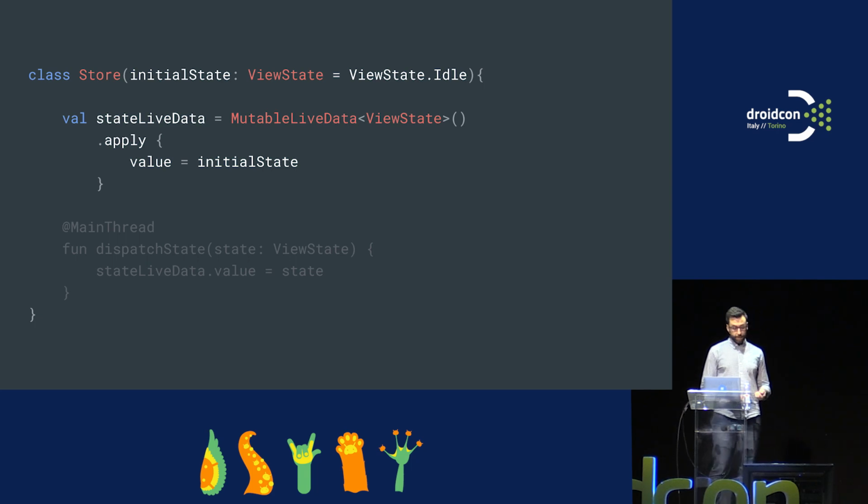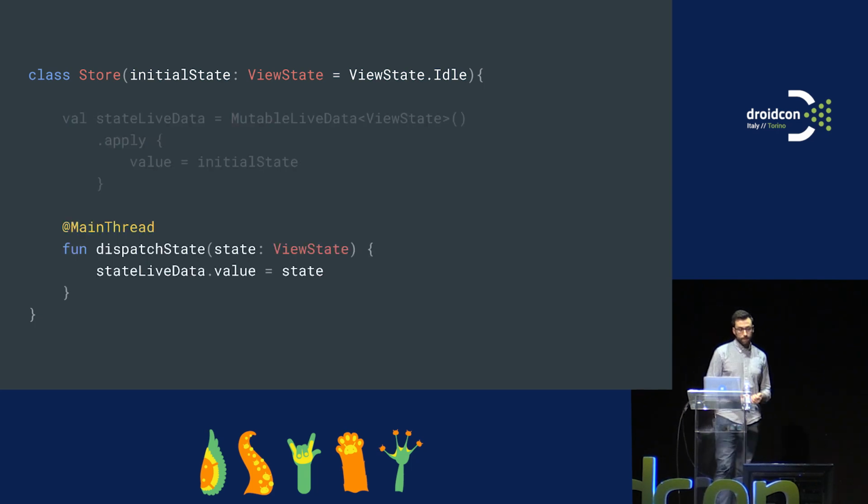And the interesting part of this class is this dispatch state. We want to make sure it runs on the main thread. And all we're doing is just updating the value of the live data. That's all we do. Now, this is the easier thing to display here, but in the end, we want to take care of asynchronous work and concurrency, so we need to do something about threading.